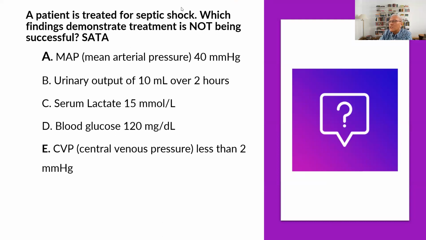Let's take a look at the next question. A patient is treated for septic shock. Which findings demonstrate treatment is not being successful? Select all that apply. So we're looking for not being successful.